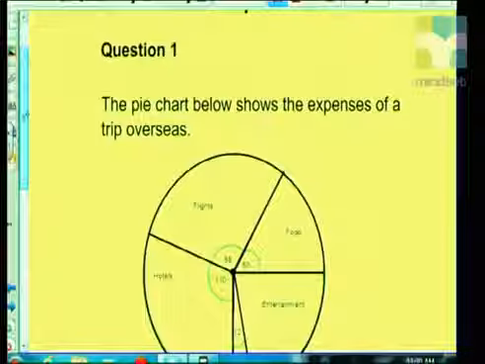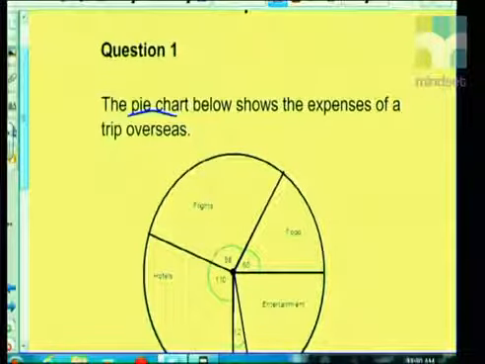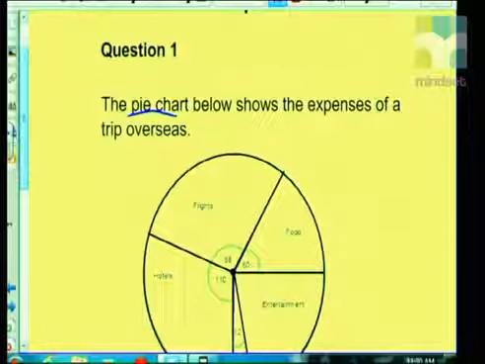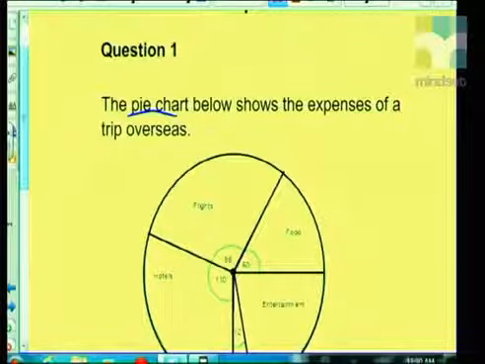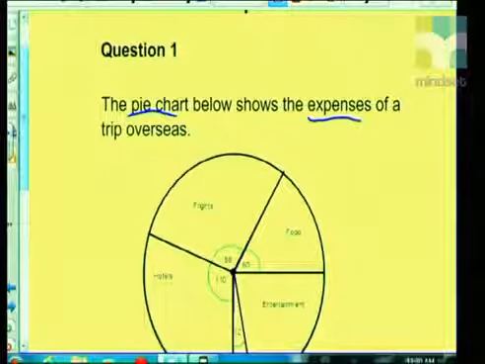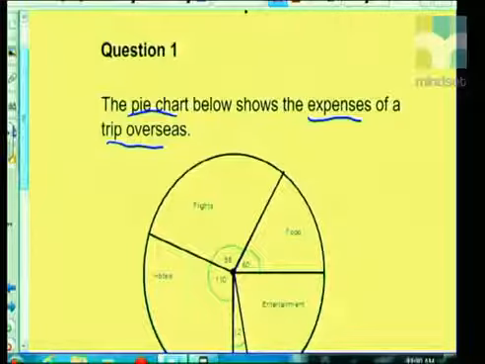So here is a pie chart. You see, even though we're dealing with income and expenses, we can show these things in different ways. And we can remind ourselves of how to interpret data as well. It shows the expenses of a trip overseas. So somebody's doing a budget and they've decided to put everything down on a list, and then they decided to draw a pie chart.